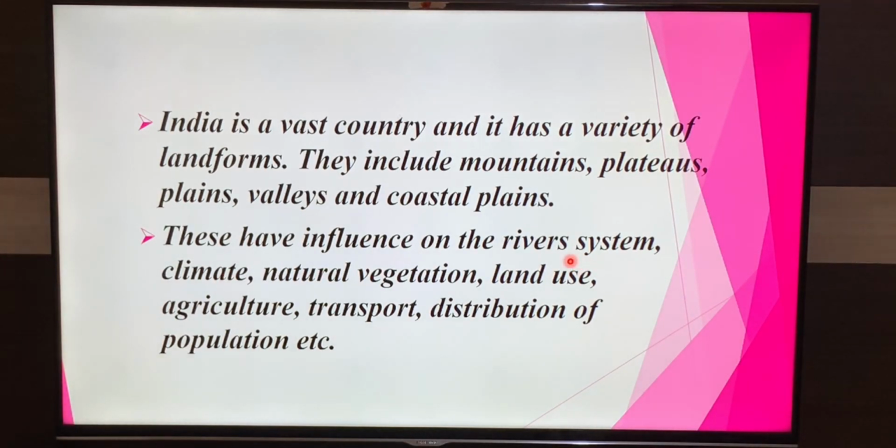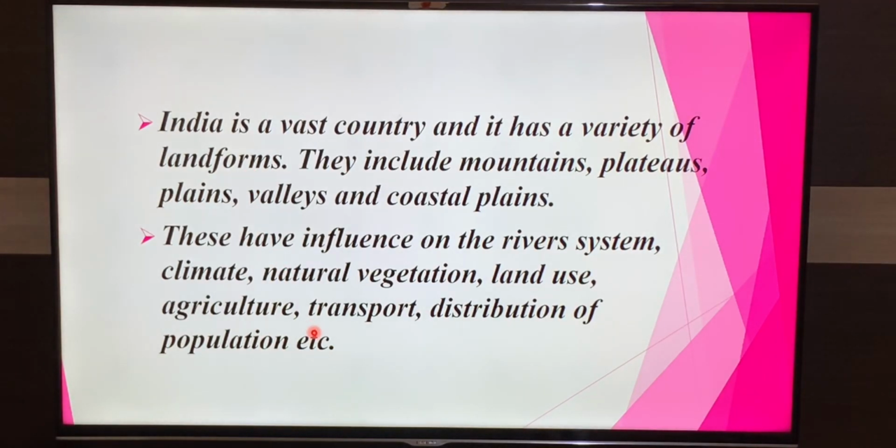First, river system, climate, natural vegetation, land use, agriculture, transport, distribution of population.